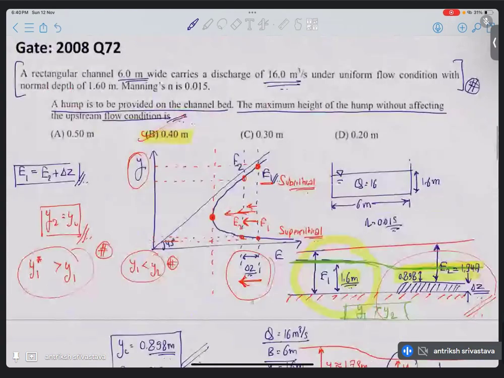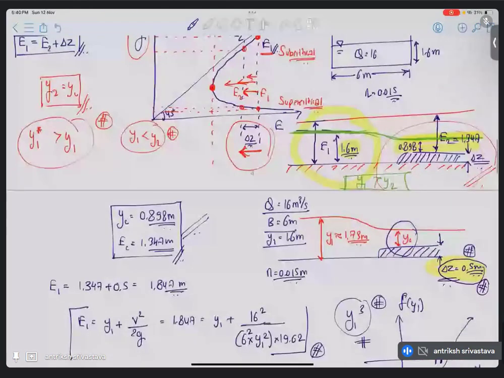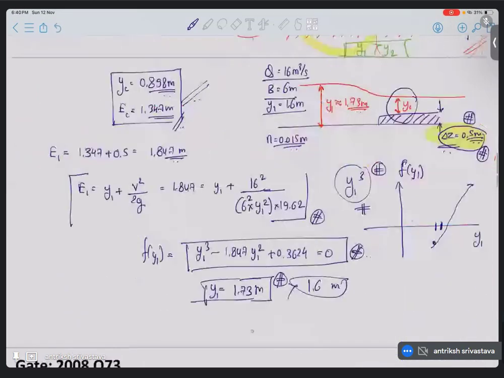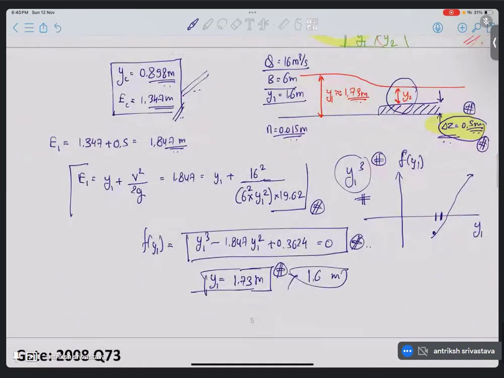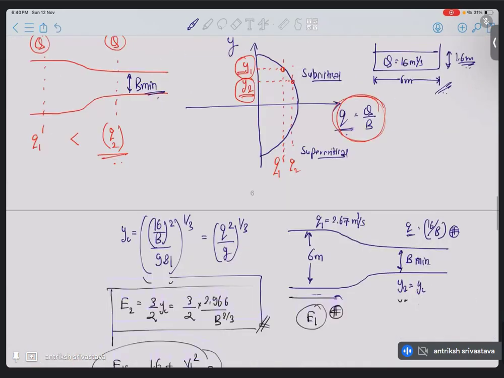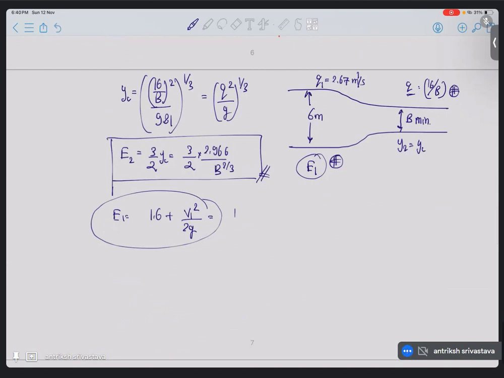If I had the E1 somewhere here, we could directly use it. Okay, it seems that I have erased that. So no problem, let's calculate it again. So we have 1.6 plus V1 square, which is 16 square divided by 6 square into 1.6 square into 19.62.